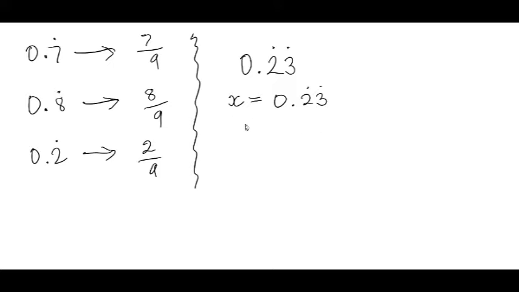Now look, we said that we needed to think of a multiple of x which has the same thing on the right hand side. Now look, 10x is no good. What would happen with 10x? If I move the decimal point from here to here, I'm going to end up with 2.3232323.